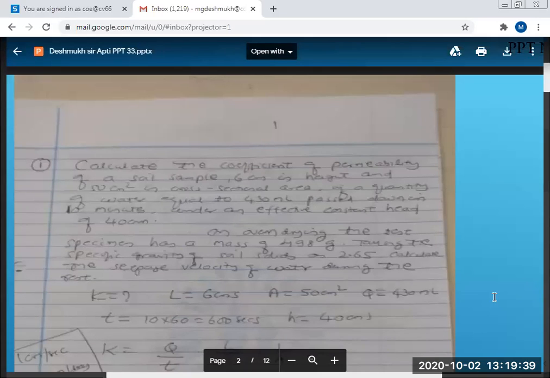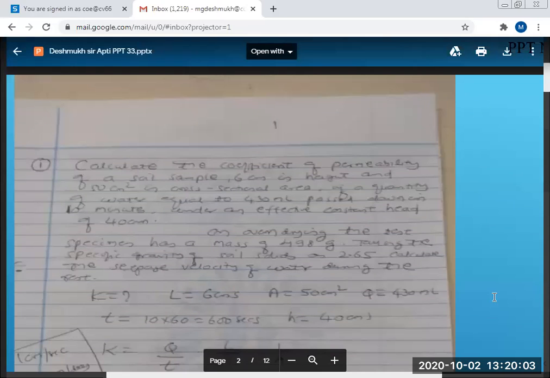Calculate the coefficient of permeability of a soil sample 6 centimeter in height. The specimen's height means length. L is equal to 6 centimeter. Area of cross section is 50 centimeter square, that is A equal to 50 centimeter square.